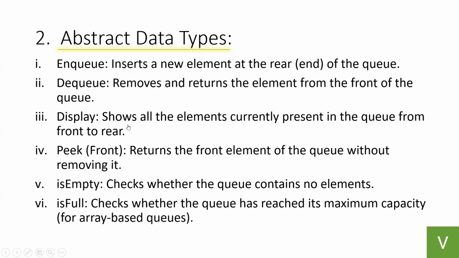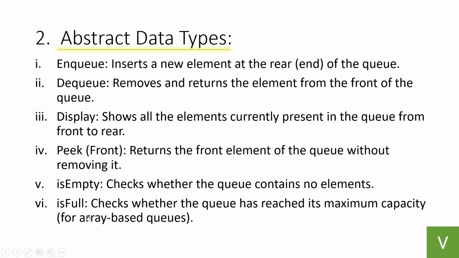Display shows all elements currently present in the queue from front to rear. Peek returns the front element of the queue without removing it. Similarly, isEmpty and isFull. isEmpty checks whether the queue contains elements or not. isFull checks whether the queue is full or not. Based on that, it will return true or false.